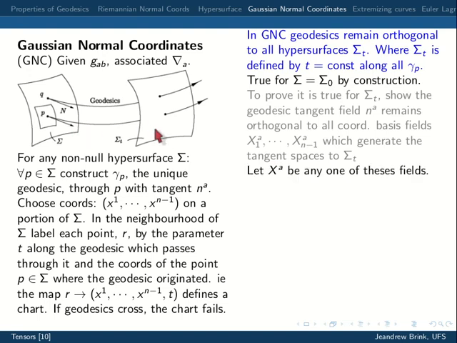Okay, and the way you do that is let X^A be one of these fields, in other words, an element of the tangent field to sigma. You literally take it here, so this X^A is pointing within sigma, and you then parallel transport it to the next place.